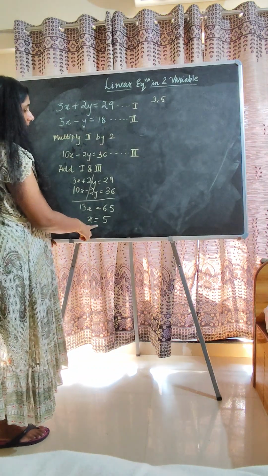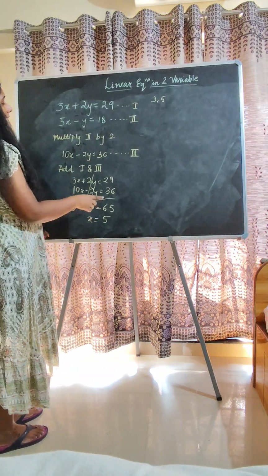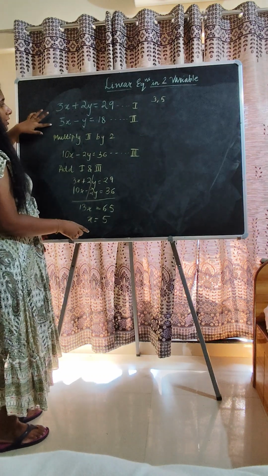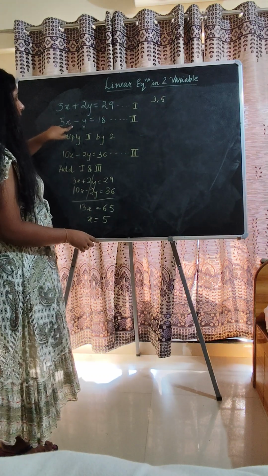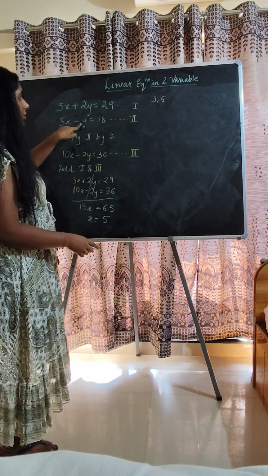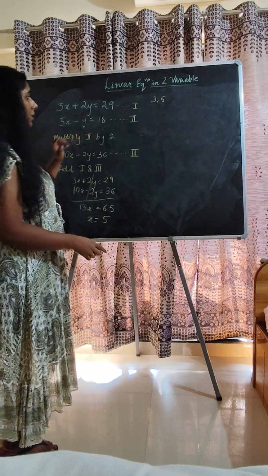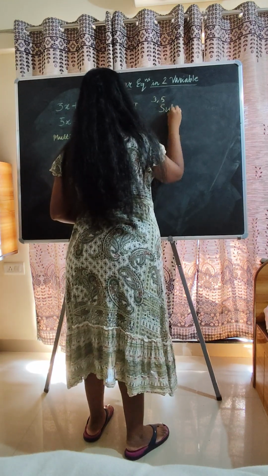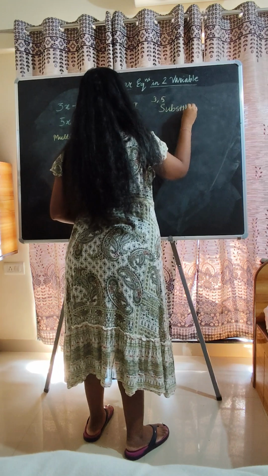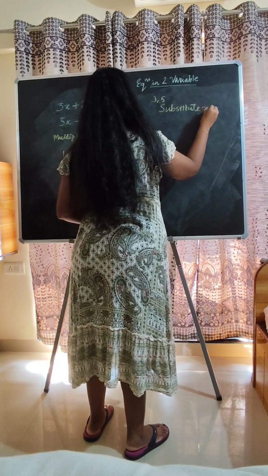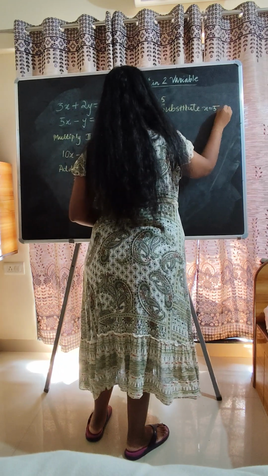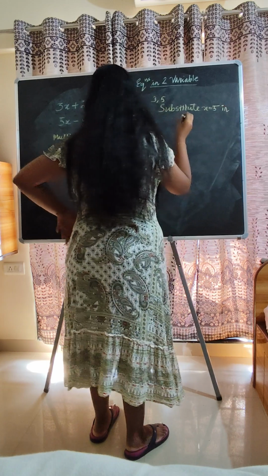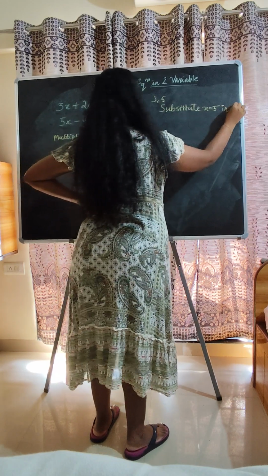Now you need to substitute x is equal to 5 in any one of the two equations. This equation is simpler because its coefficient is 1. So I will substitute x is equal to 5 in equation 2.